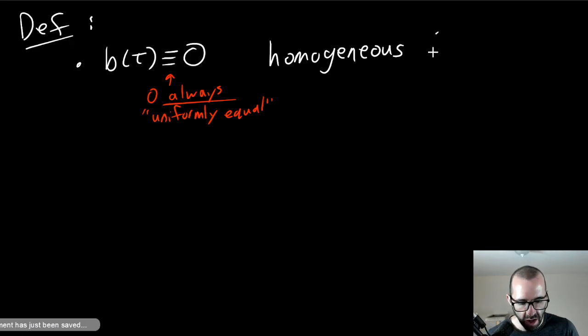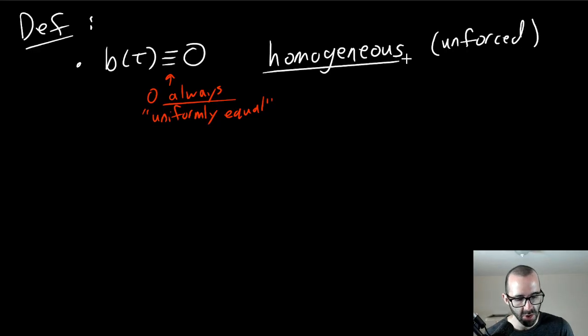It is also called unforced, which is honestly a term I had not heard before. But we'll be talking more about that term with some physics applications later on in this class. And what happens if b of t is not equal to 0? Well, if b of t is not equal to 0, the cat that's not on the notes would tell you that it's probably non-homogeneous.